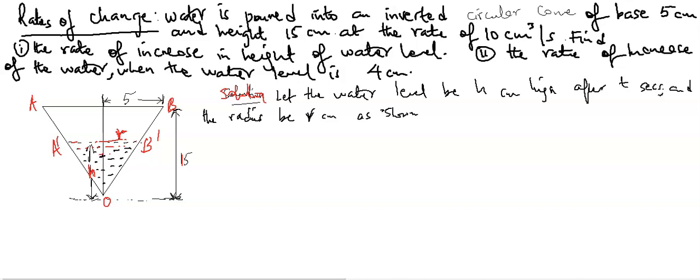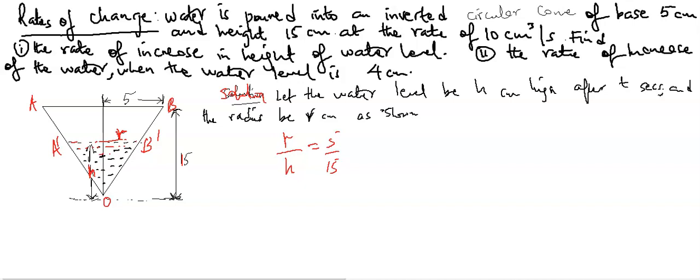Those two triangles are similar triangles, and using the similarity of those two triangles, we shall find that r over h is equal to 5 over 15. Why are we saying that?